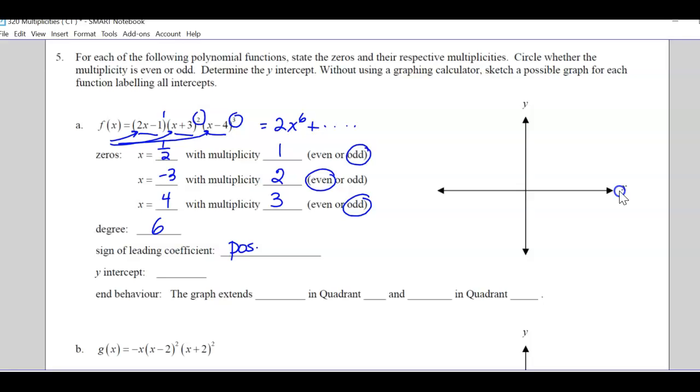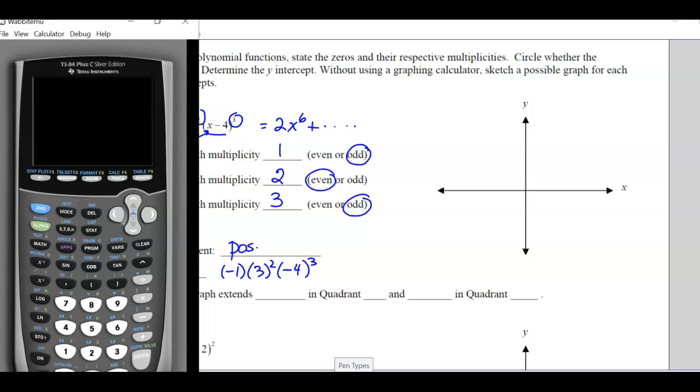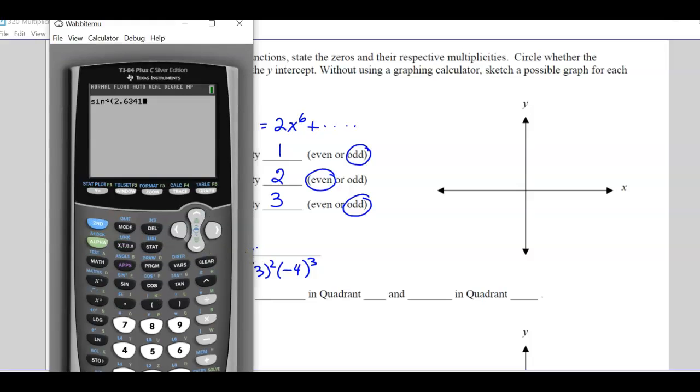The y-intercept is when you put 0 in for x, so that's going to be -1 times 3 squared times -4 cubed. So what's 9 times -64 is negative 576.